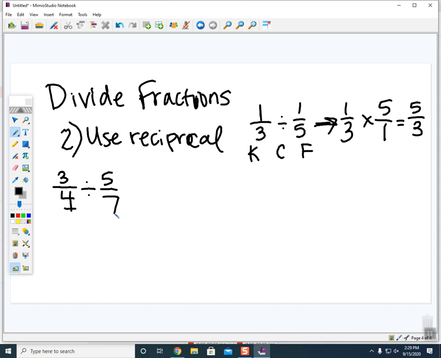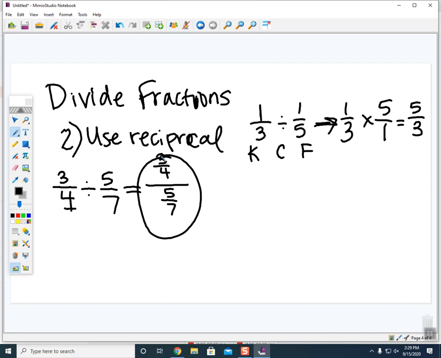Let's just try that. If I were to write this as a fraction, I could write it this way: 3 over 4 divided by 5 over 7. Do you want to solve a problem like this? If I were to just leave it like this, does that look like a fun thing to solve?